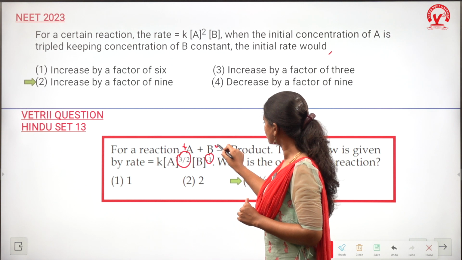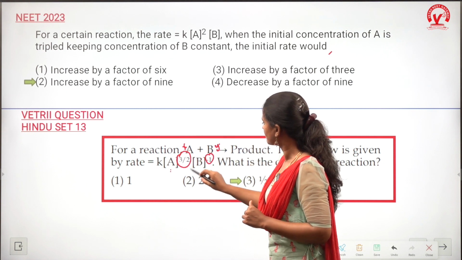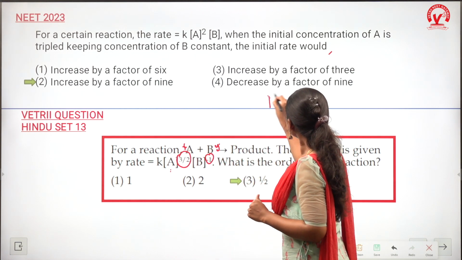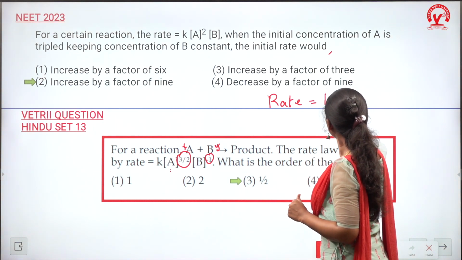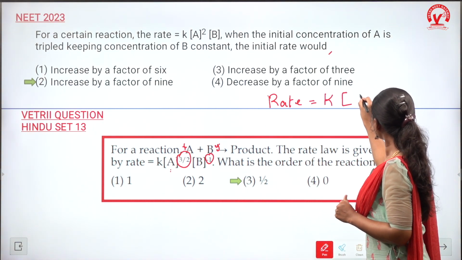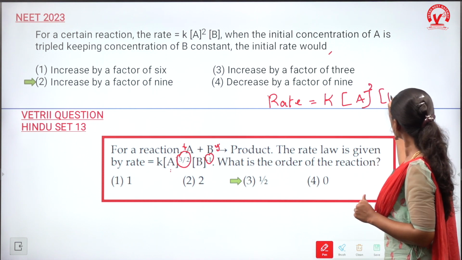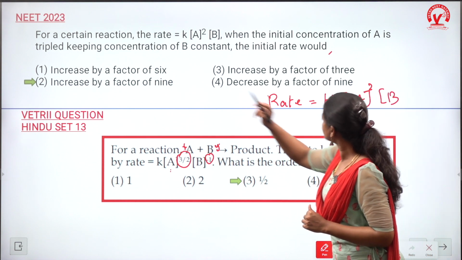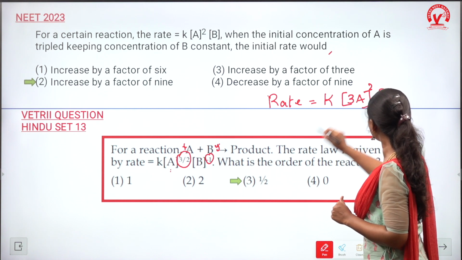This is X, this is Y. Here they are asking about the concentration. How can we write it? Rate is equal to K concentration of A to the power 2 concentration of B. Here the initial concentration of A is tripled.